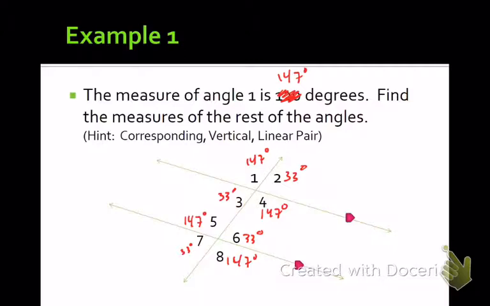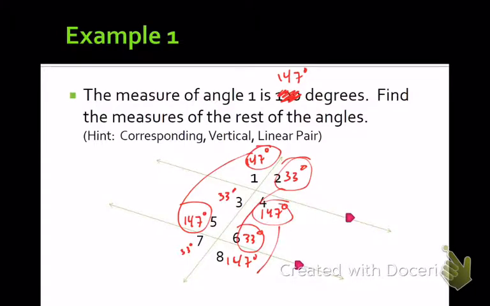Now, take a look at the corresponding angles. Now, when you measured these angles, they might have been off by a degree or two, which is acceptable, just human error. Look at your corresponding angles. They're the same. Every last pair, they're the same.